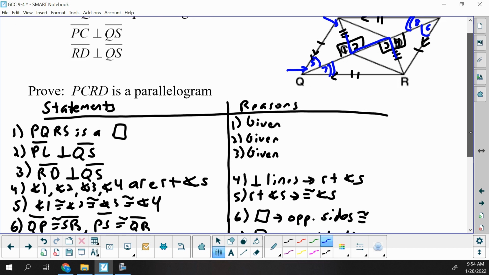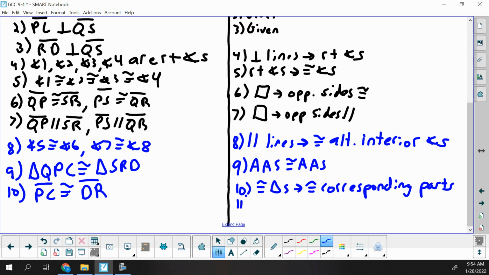We can now say congruent alternate interior angles implies parallel lines. And that'll give us that the ones we just did the zigzag with, PC and DR, are parallel.